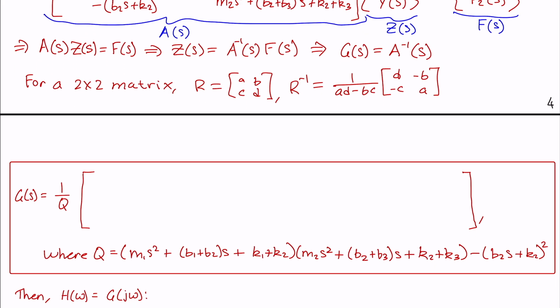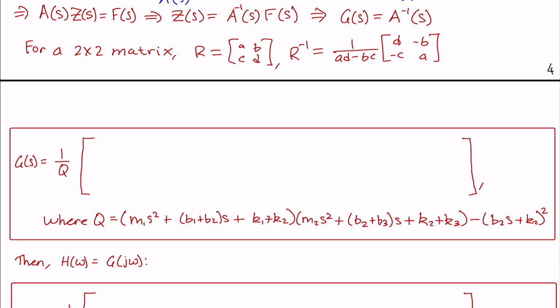All right, and that's how we compute the inverse of this matrix. Q is the determinant of that matrix, and I've included it down here in the notes. So then we just need to fill in the other terms. We're going to get M2 s squared plus B2 plus B3 times s plus K2 plus K3.